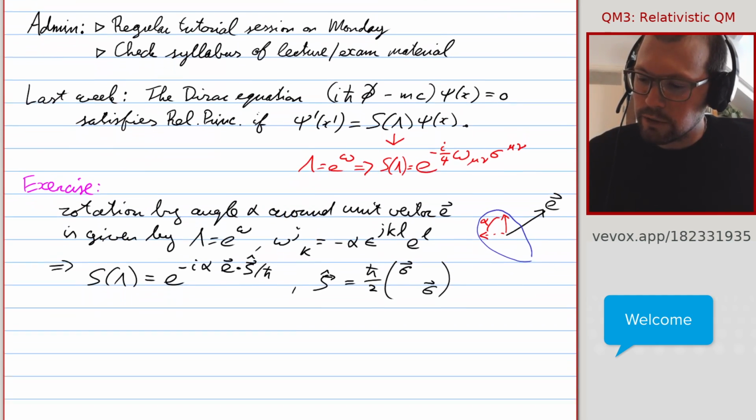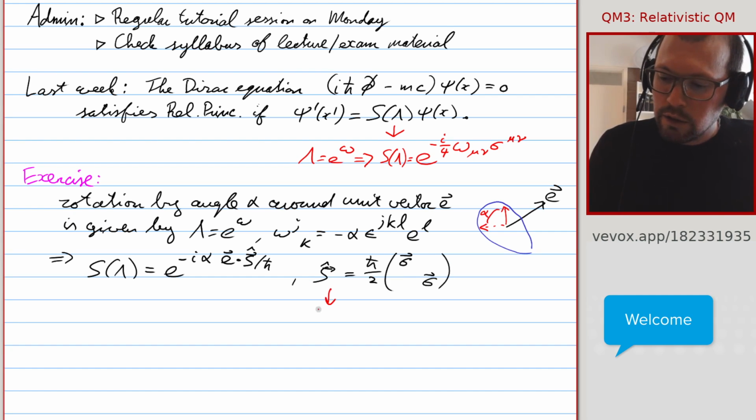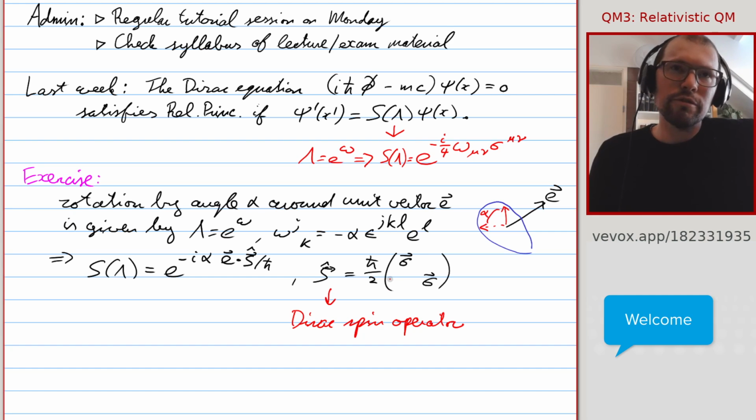Well, okay, you cannot recall this because we have not actually seen the explicit form of it, but this is what you're going to show in the exercise. So this is the Dirac spin operator. And what we can see from here is that it's a 4x4 matrix, as it should be, because I'm taking the exponential of it to get the 4x4 transformation of the spinors. And it's given simply in terms of the Pauli matrices in a diagonal way.